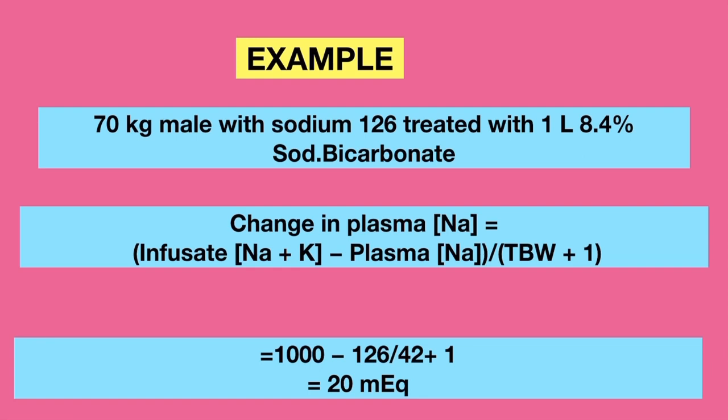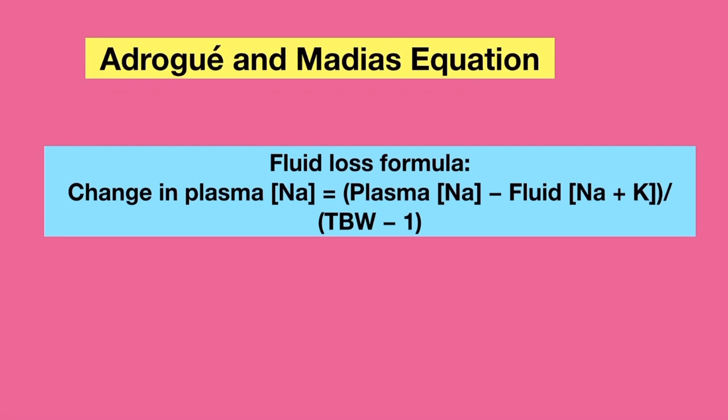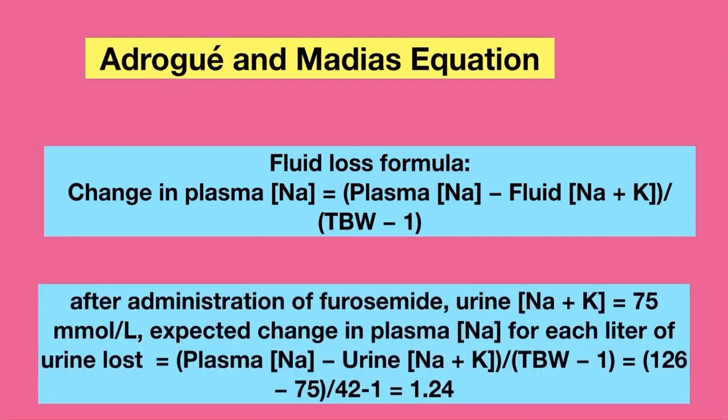We already solved the infusate formula in different scenarios. So coming to the fluid loss formula, the change in plasma sodium concentration equals plasma sodium minus the amount of sodium and potassium in the lost fluid, divided by total body water minus 1. In a man, if we take an example, after administration of furosemide, a diuretic, there is loss of sodium and potassium through the urine.